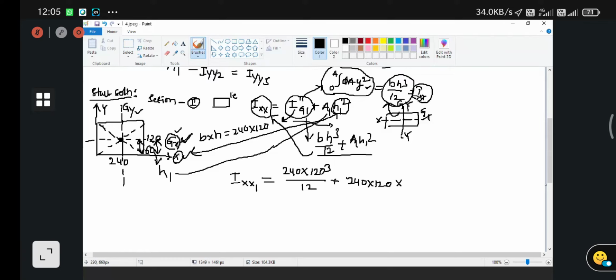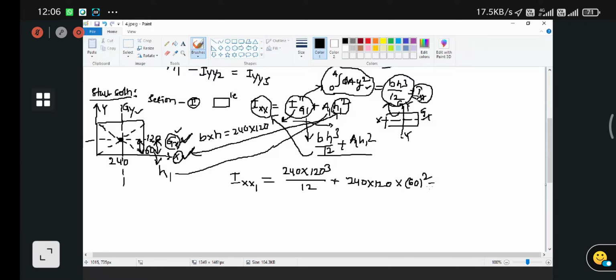So Gx and x are now parallel axes. Whatever the distance between these two is exactly half of the base for a rectangle. So I am going to give the value as 60 and I'll make it whole square.